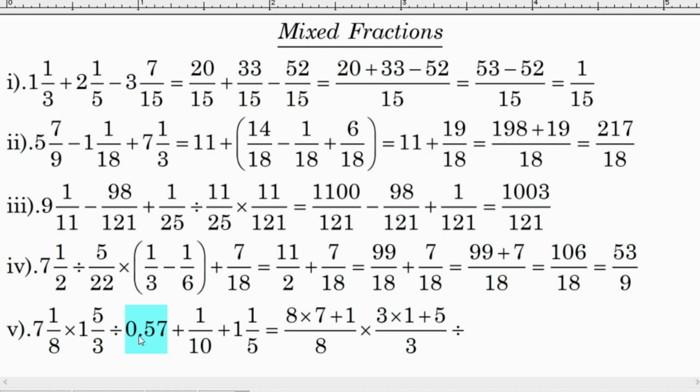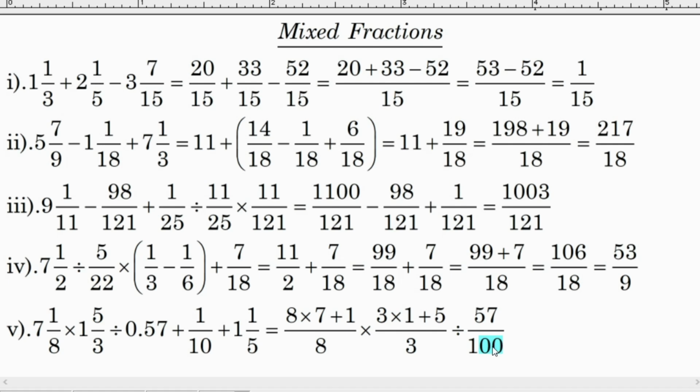So then, as we can see, we have 5, 7, which is 2 numbers behind the decimal. So that will be equal to 57 divided by 100. If we have 3 numbers behind the decimal, then we have to divide with 1000.